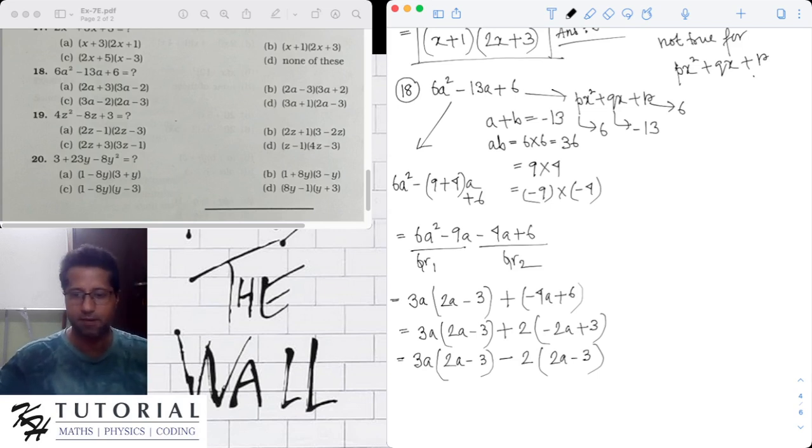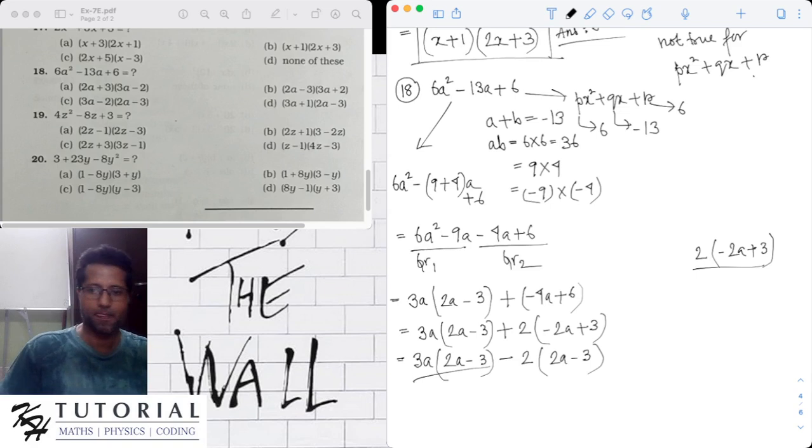Now if this part is unclear, it was 2 multiplied by minus 2a plus 3. I have to somehow express this in such a way that it will have a factor of 2a minus 3, because the first group has 2a minus 3, and I know that 2a minus 3 and minus 2a plus 3 are additive inverses of each other.